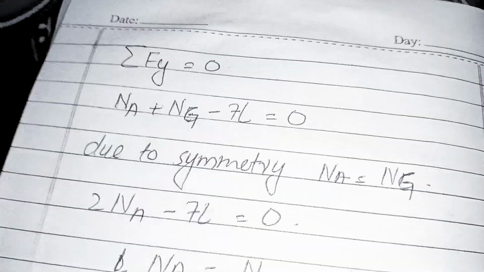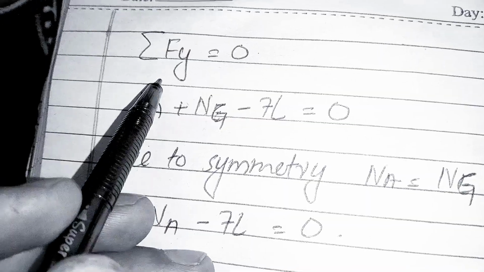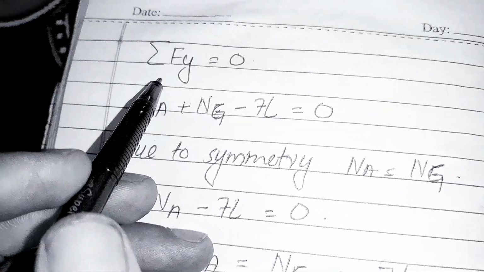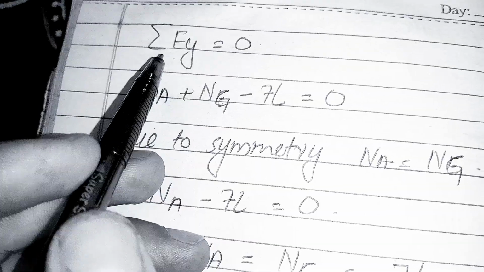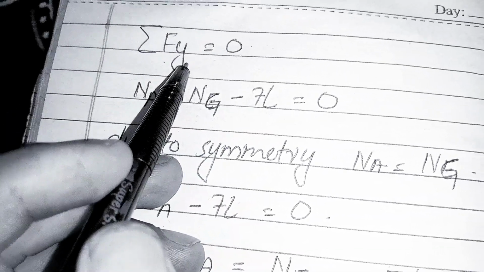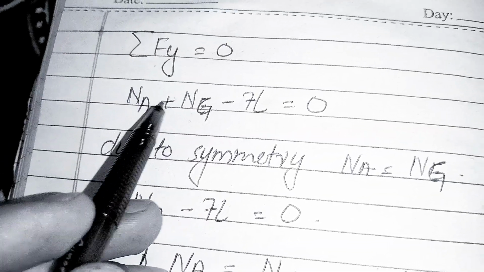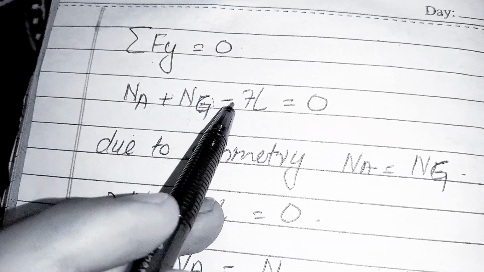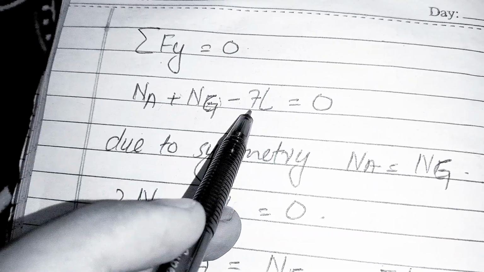Now, there are more than two unknown forces acting at every joint. Therefore, I will need the equation of equilibrium, in which the summation of all vertical forces acting on the whole truss equals 0. So this is the reaction force, and this is also a reaction force, minus 7L, the load.